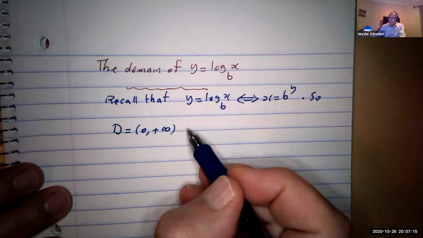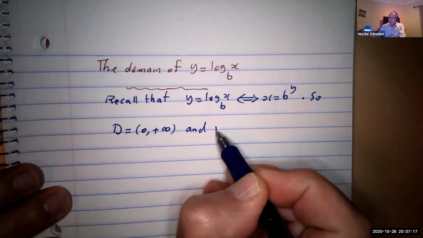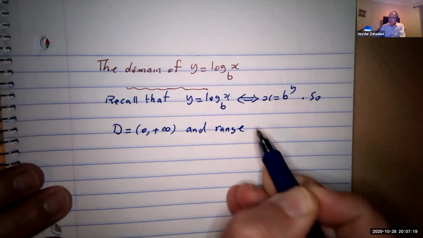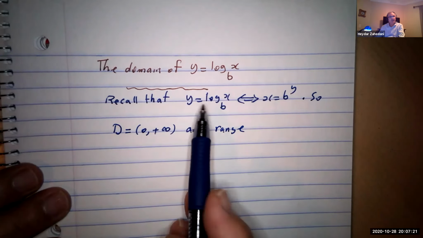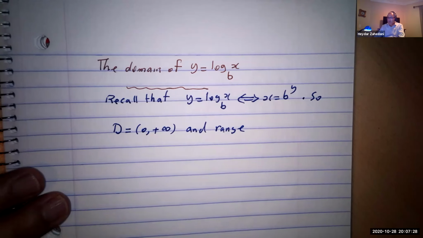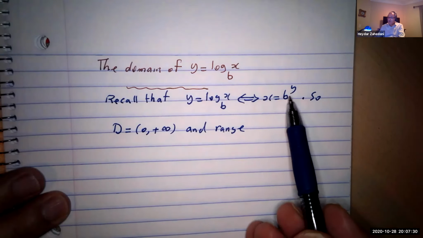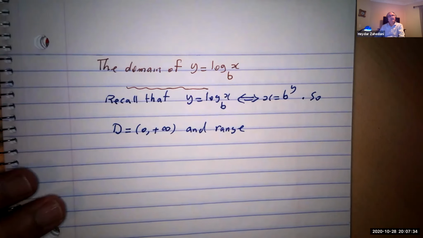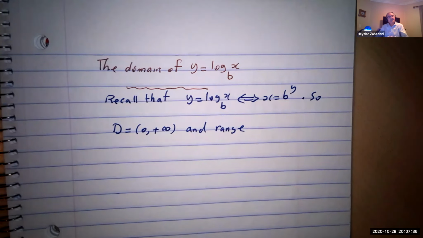And the range of this function: the y values are going to be in the range, and the x values are going to be in the domain. So where is the y coming from? Y is coming from the exponential function, and you know that the exponential function is defined forever.